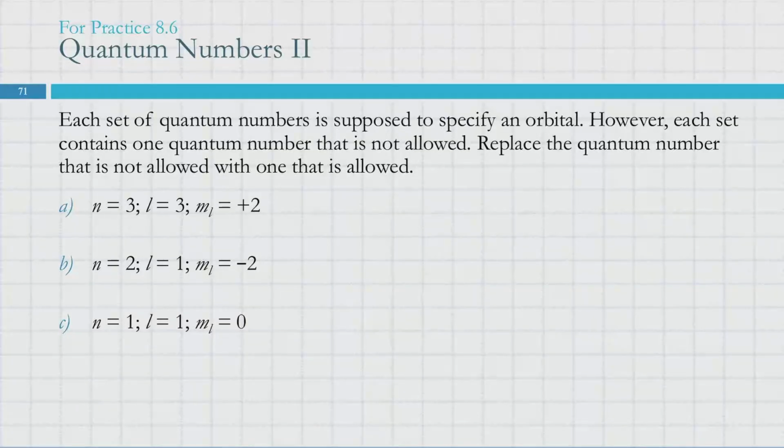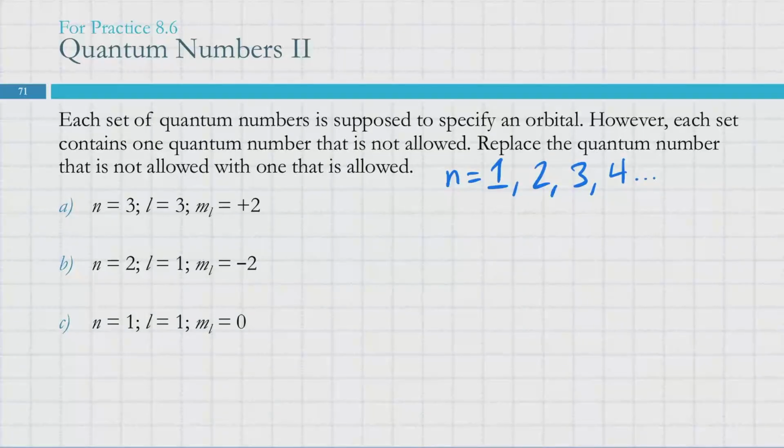All right, for our second practice round with quantum numbers, we want to be thinking about what options we can have, and these go in order. So for our n number, is our n number allowed? N equals 1, could be 2, could be 3, could be 4, and so on.